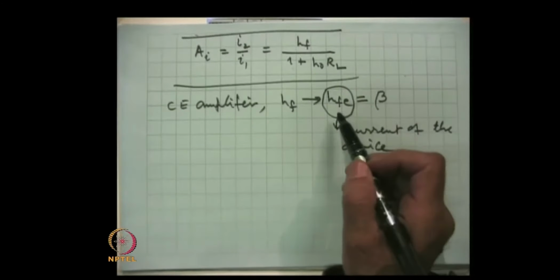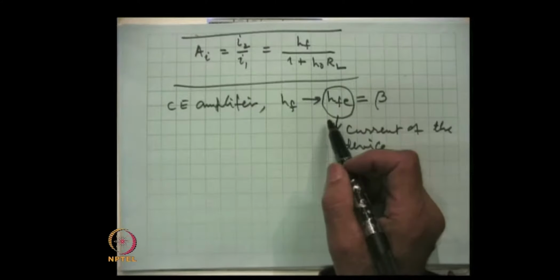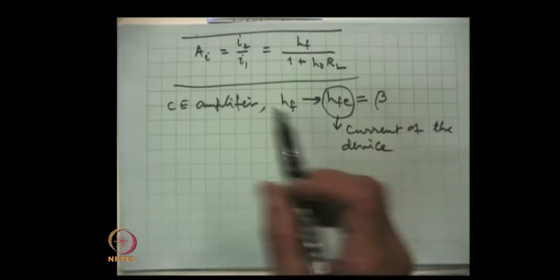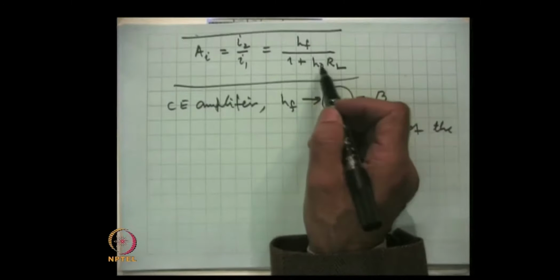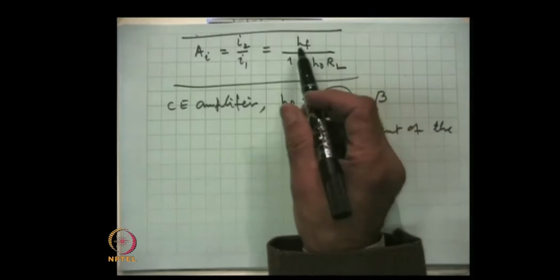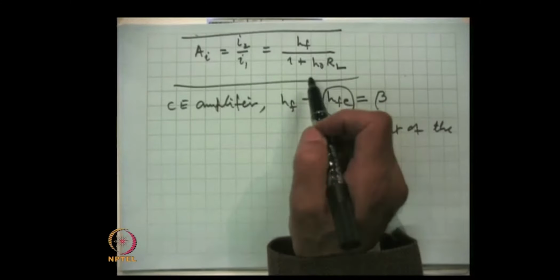So, HFE represents the maximum value of current gain which is possible from the circuit, but normally RL will have a finite value and this HO is finite.